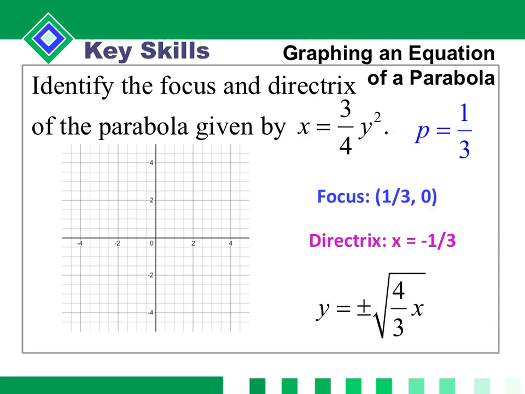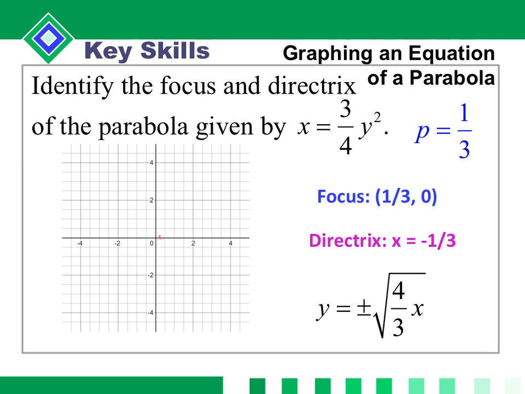Now let's go to the other side. See, this is the equation we wrote there. This is the same information. So if I wanted to graph it, I can go here and do 1/3. Okay, right there.